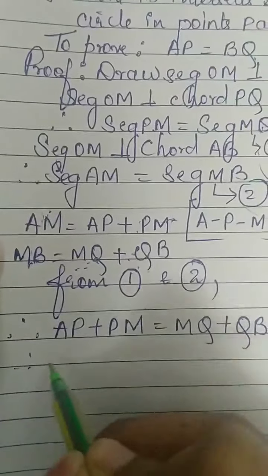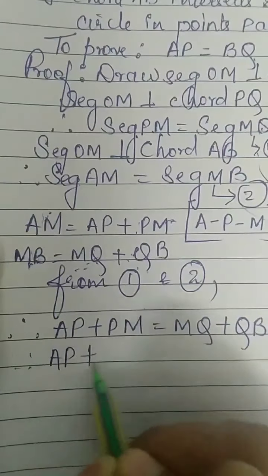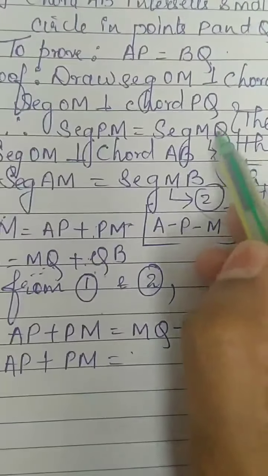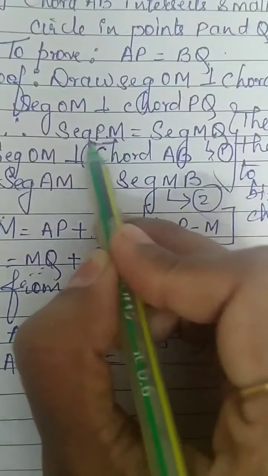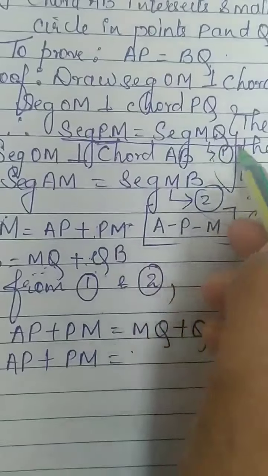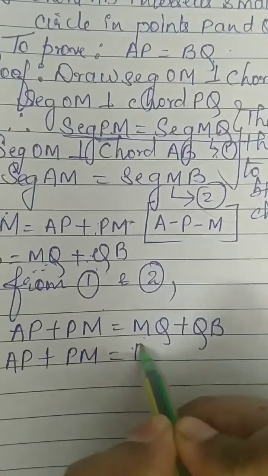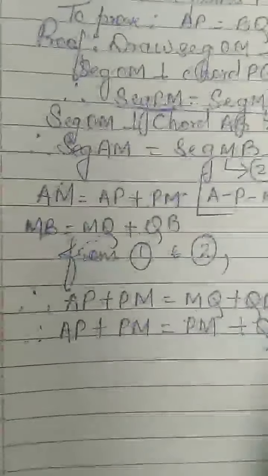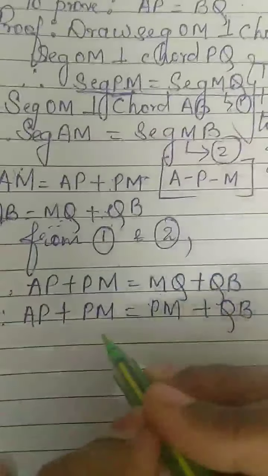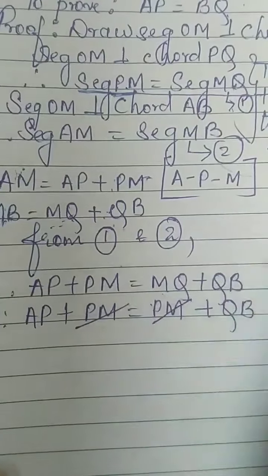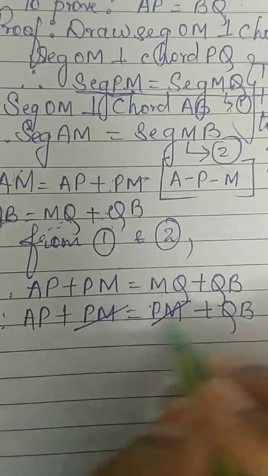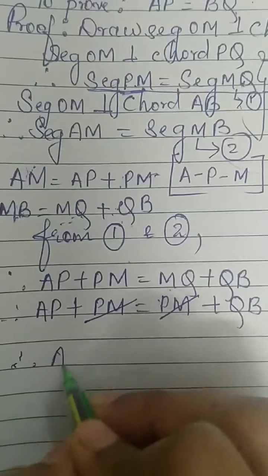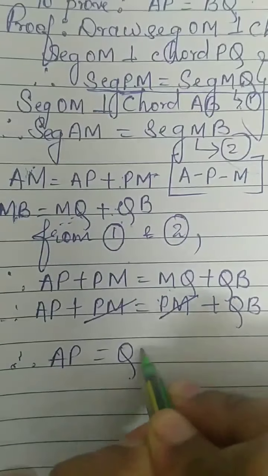So here I'll write AP plus PM is equal to, in place of MQ I will write PM because PM is equal to MQ, and this QB I'll write as it is. So now what will happen? PM minus PM cancel. Fine. So therefore we got AP is equal to QB.